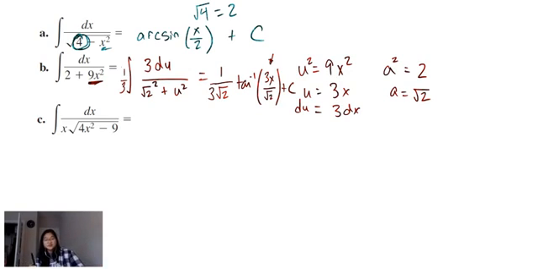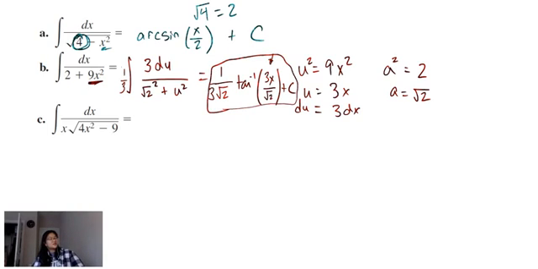So there we go. Yes, we did u substitution, and we looked at an a, which wasn't a nice number, but a number nonetheless. And we did our u substitution with our arctangent, and then we got this as our answer. Okay. There we go.